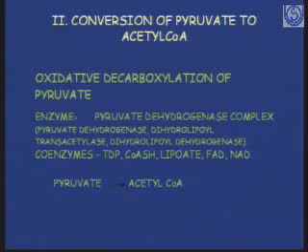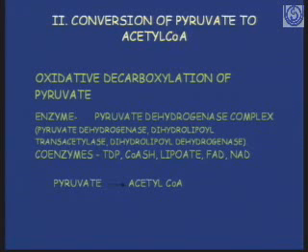This is also known as oxidative decarboxylation of pyruvate. If you look at what is written, you can see that the enzyme that converts pyruvate to acetyl-CoA is a complex. This complex is known as the pyruvate dehydrogenase complex. It is made up of 3 enzymes and 5 coenzymes.